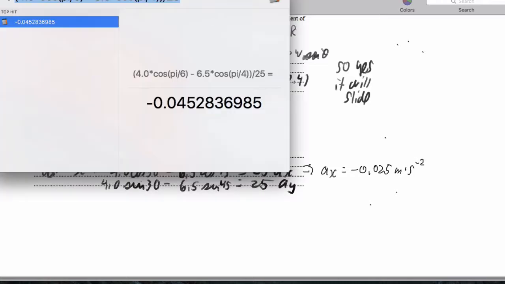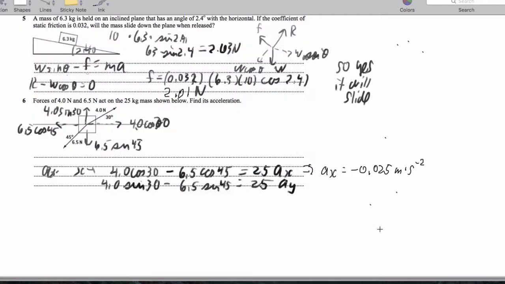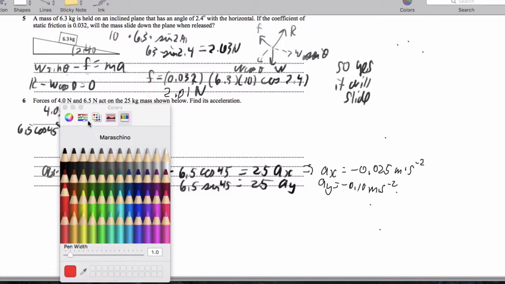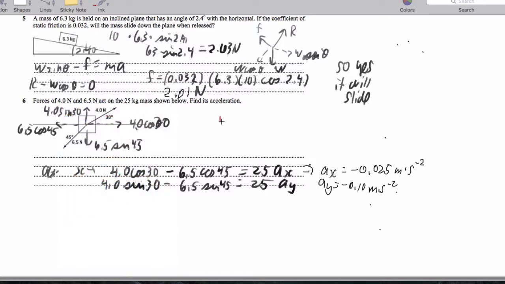And in the y direction at the same time, we get an acceleration of negative 0.10 meters per second squared. Again, I'm glad to assign this on a practice test, but you won't see anything like this on the real test, just so you know.